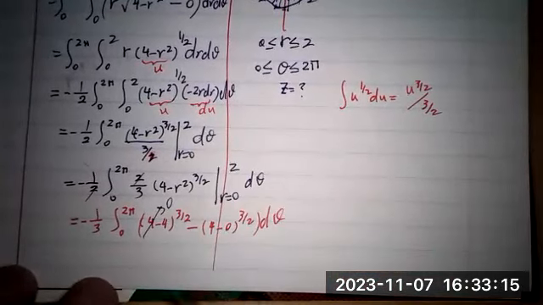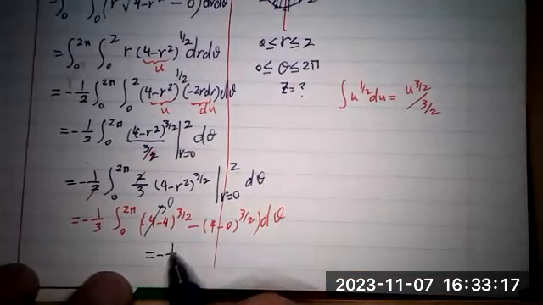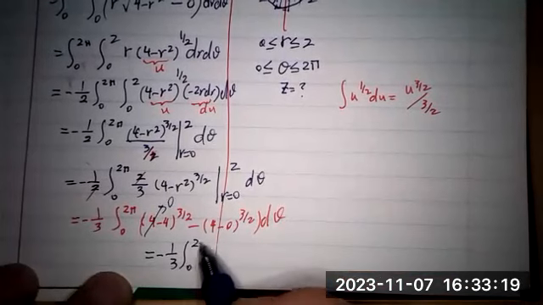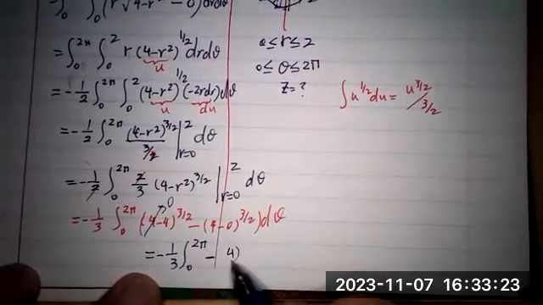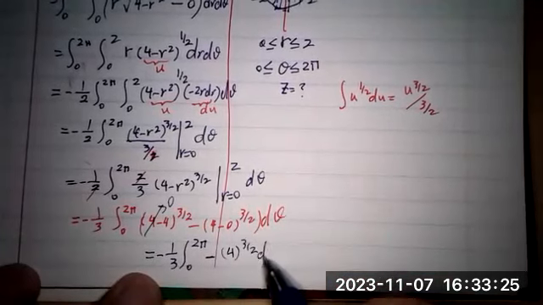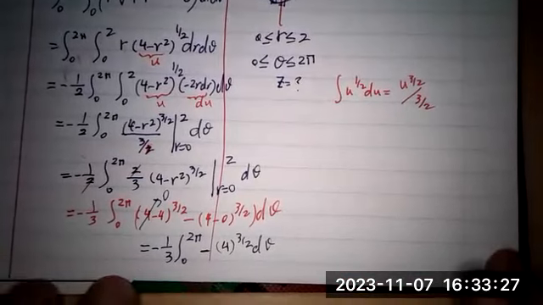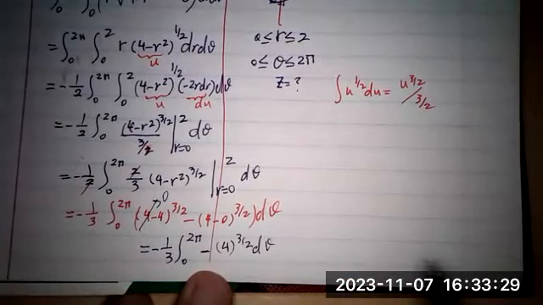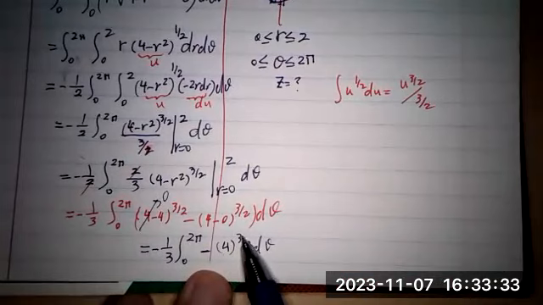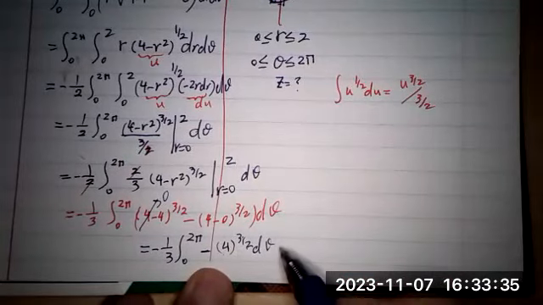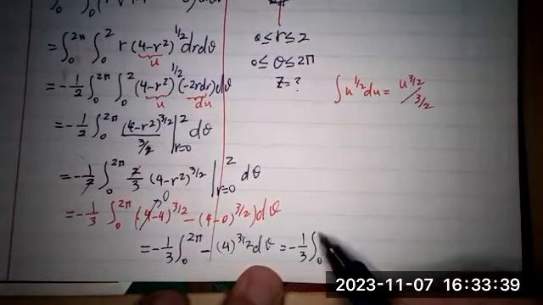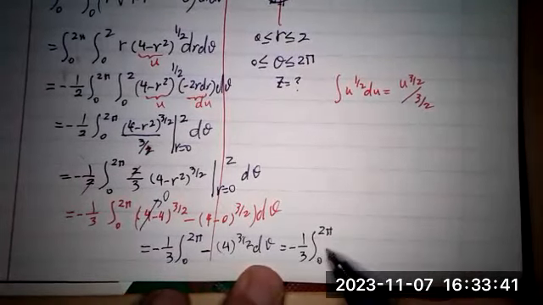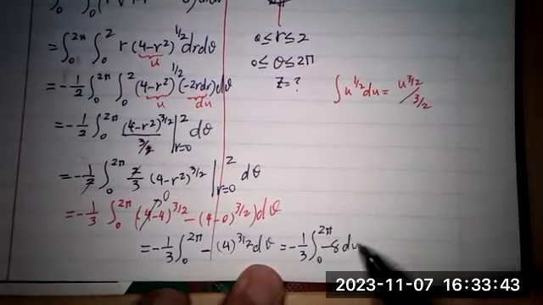And over here, we get a 4, so there's going to be negative 1/3, 0 to 2 pi, and this is going to be negative 4 to the 3/2. You know that 4 to the 1/2 would be 2, 2 cubed would be 8. So this is going to be negative 1/3, integral from 0 to 2 pi, and that would be negative 8 d theta.